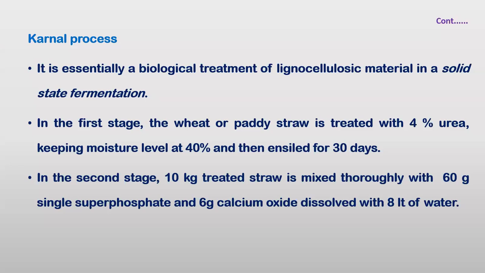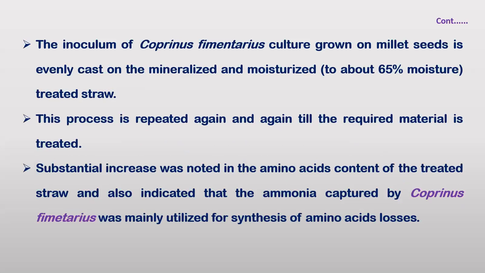In the second stage, 10 kg of treated straw is mixed thoroughly with 60 gram single superphosphate, or SSP, and 6 gram calcium oxide dissolved in 8 liters of water. Next, the inoculum of Coprinus fimetarius culture grown on millet seed is evenly spread on the mineralized and moisturized treated straw.